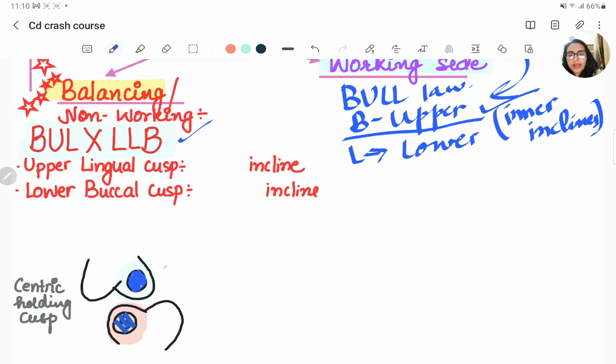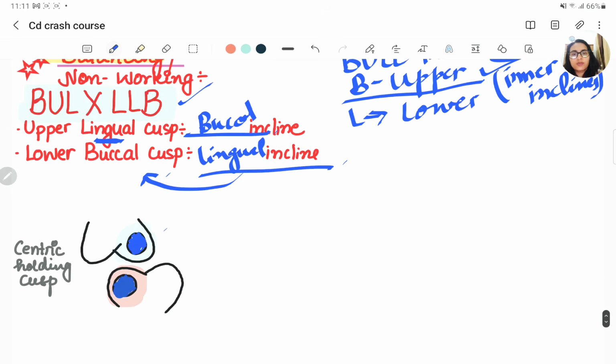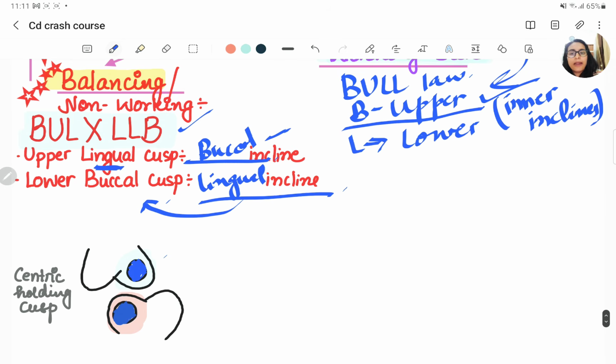The opposite incline is the buccal incline of the palatal cusp of upper. Then we have buccal cusp for the lower, that is the centric holding cusp. So the lingual incline, that is the opposite incline for the lower buccal cusp. So how you can remember is opposite incline of the centric holding cusp. So buccal incline of the palatal cusp of upper, lingual incline of the buccal cusp of the lower.